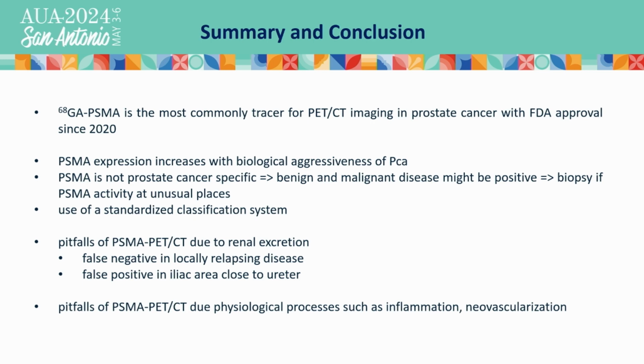It can be positive in benign and in malignant disease. So whenever you identify a potentially positive PSMA lesion in a very unusual anatomic place, the spleen, for example, let's say the liver in the primary staging, we usually biopsy this lesion to be sure that this is metastatic disease and not benign disease.